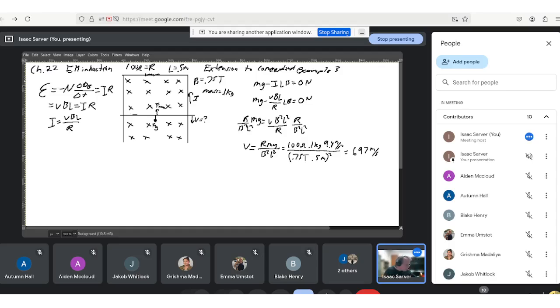So, let's go look them up. Tesla unit. Alright, so that is a Newton second per Coulomb meter.